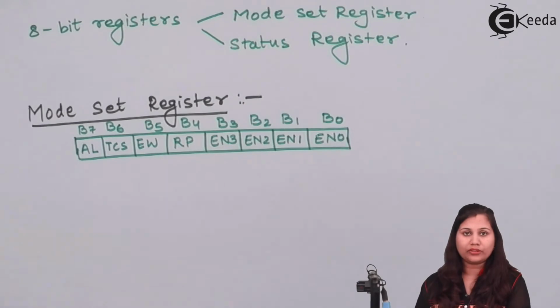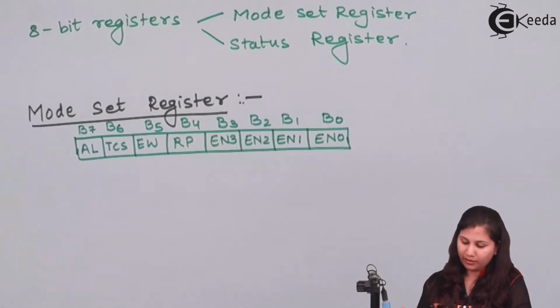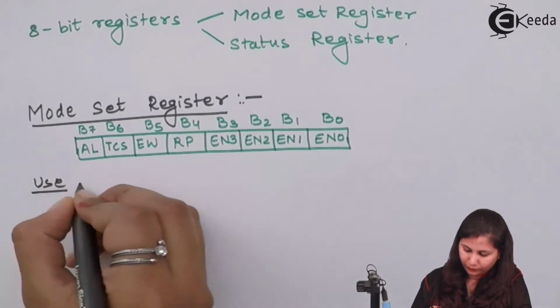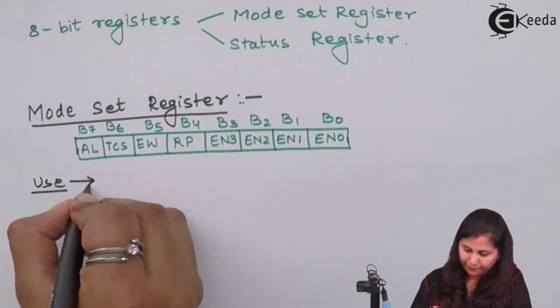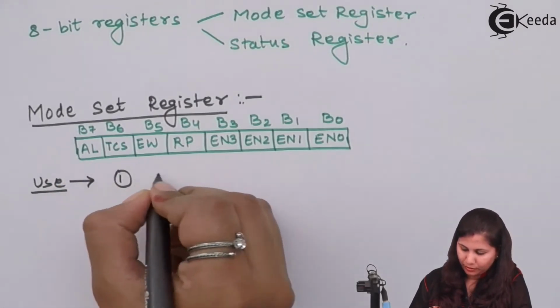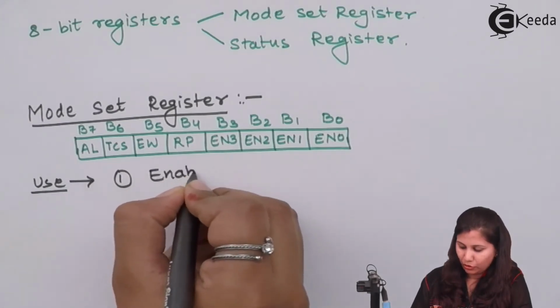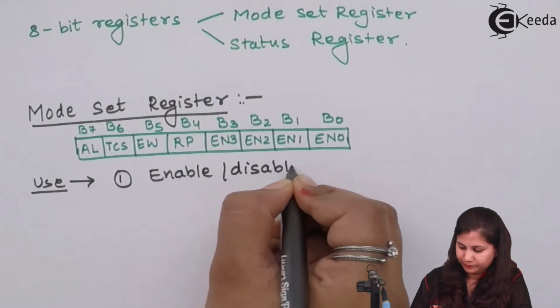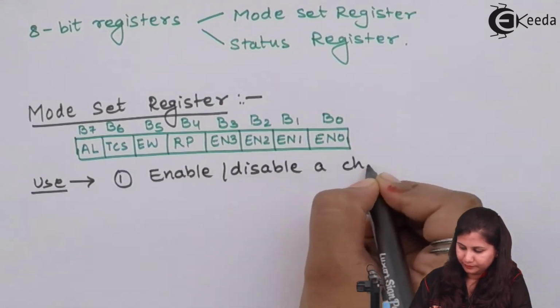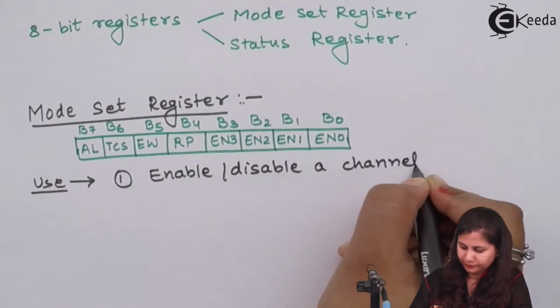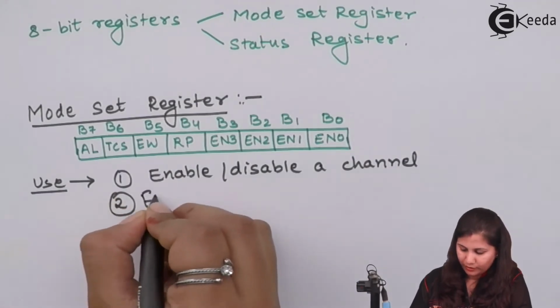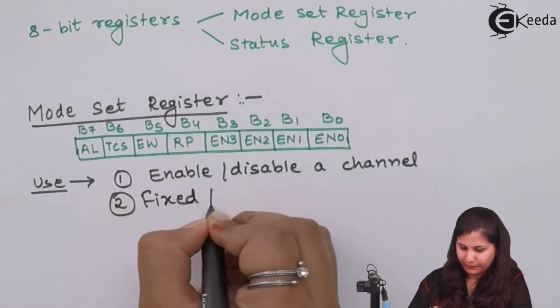Now the uses of this mode set register are: first, to enable or disable a channel. Second, to select fixed or rotating priority.